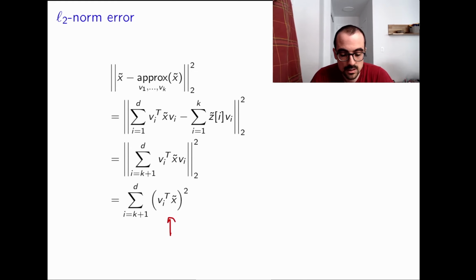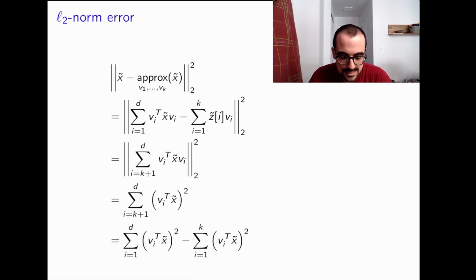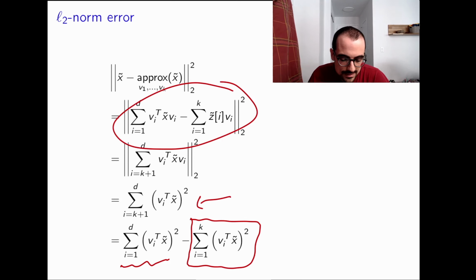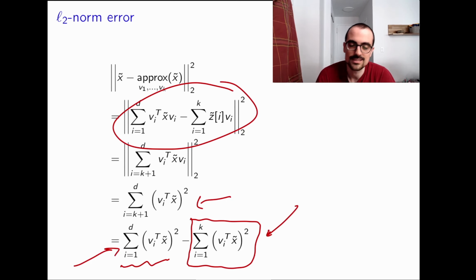So we're wondering how much energy is left in these coefficients, and then we realize that we can express this as the sum of the squares of all the coefficients minus the sum of the squares of the coefficients that we're using to represent the vector. This is exactly the same as this. In a way, we're restating this, right? This is the information that is in the whole random vector that we're interested in, and this is what we're preserving by just keeping the coefficients.